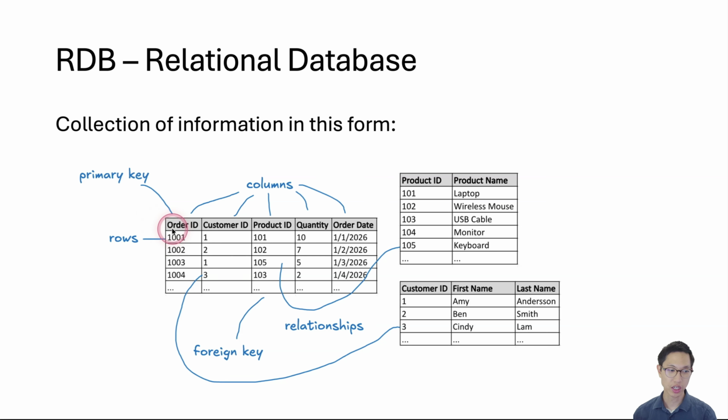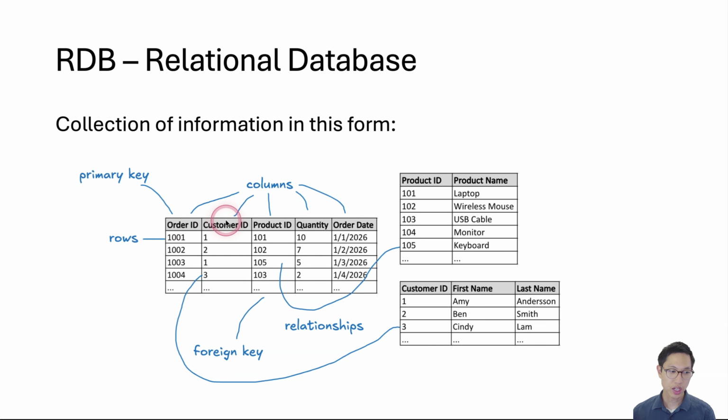And you have customer ID and product ID in the next columns. In those columns, each row has several values inside. The first row has order ID 1001, customer ID 1, product ID 101, etc.